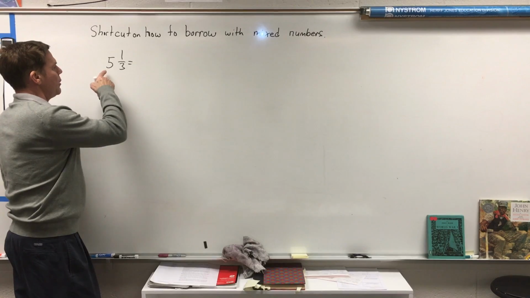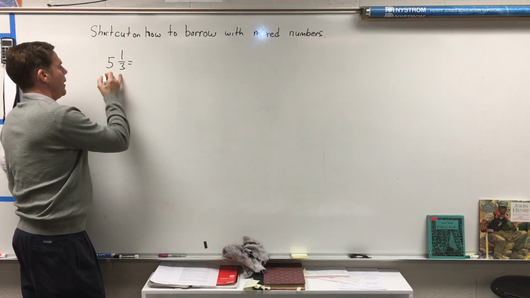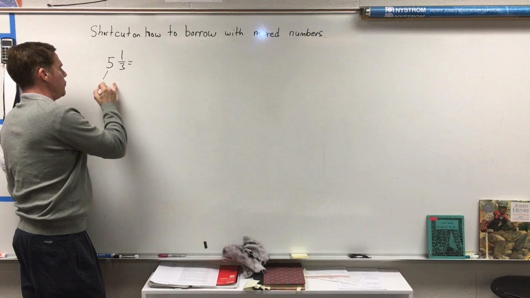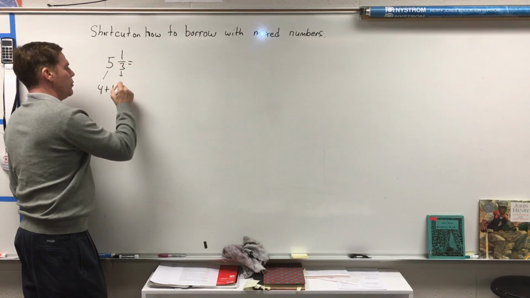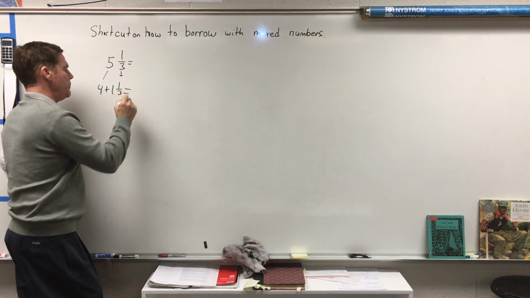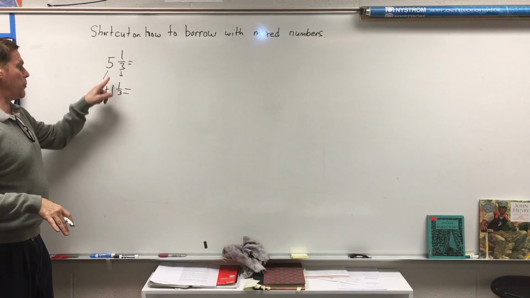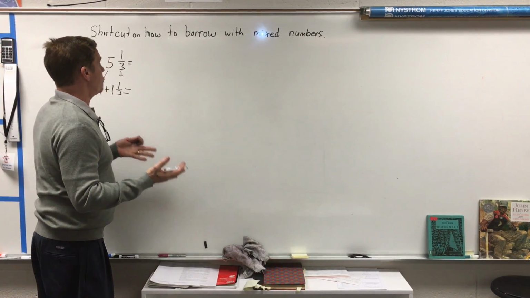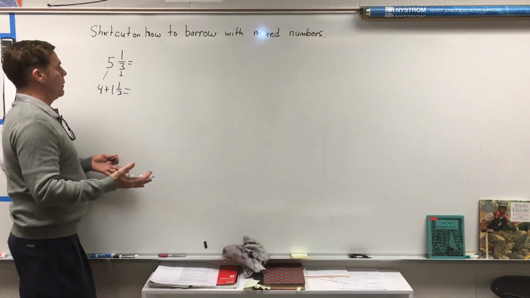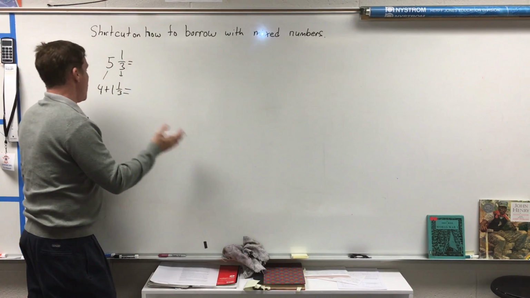What we have to understand is 5 1/3 is the same as 4 plus 1, but I also have that 1/3. So 4 plus 1 gives me my 5, and I have my 1/3. Now, what I want to do is borrow, because my numerator is not big enough and I need to borrow in a subtraction problem.